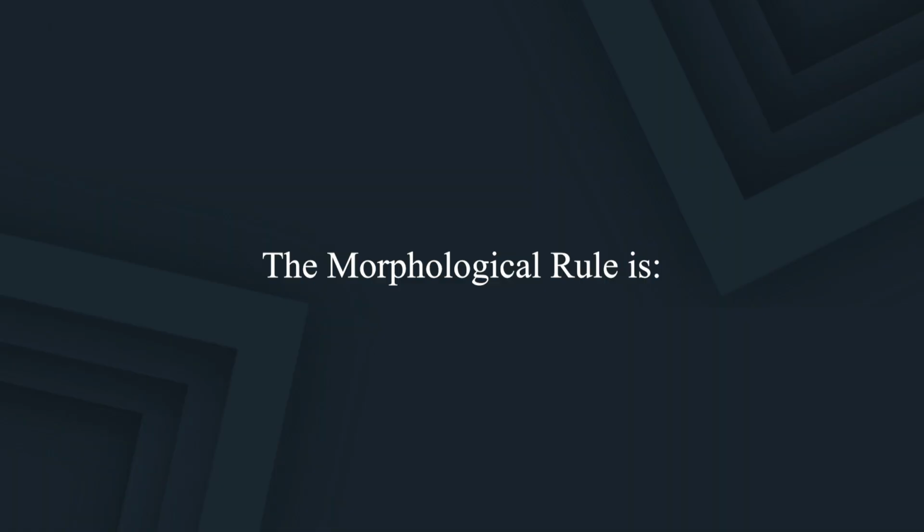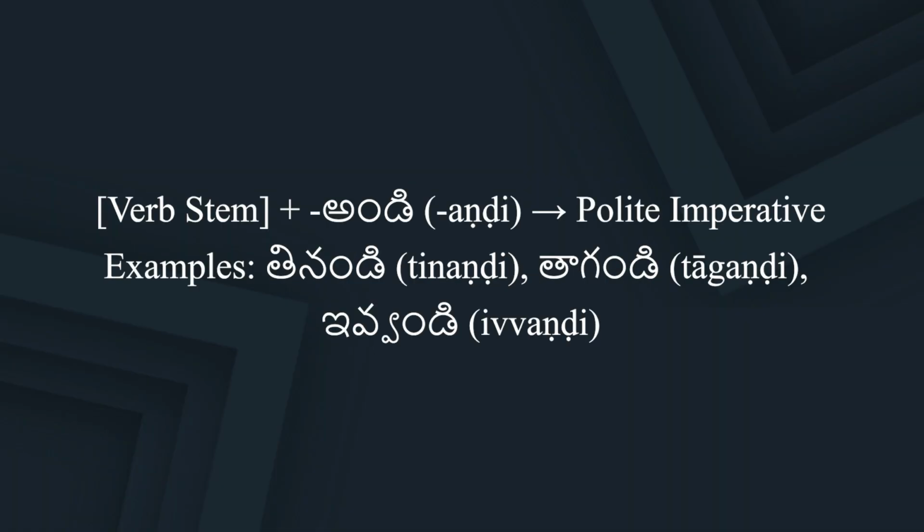It encodes deference towards the addressee and is used in contexts of social hierarchy, formal register, social distance and respect. The morphological rule is verb stem plus andi, finally polite imperatives.